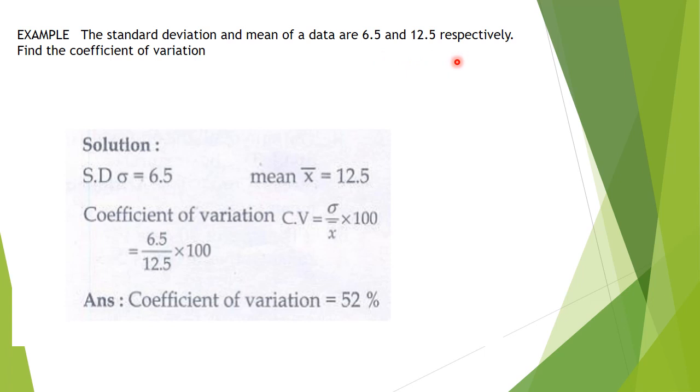So we apply the formula of CV, that is standard deviation upon mean into 100. Putting in all these values, with the help of a calculator we get the coefficient of variation equal to 52%.